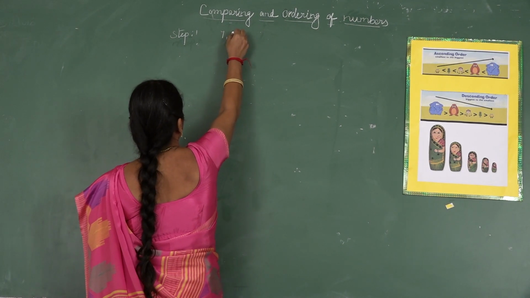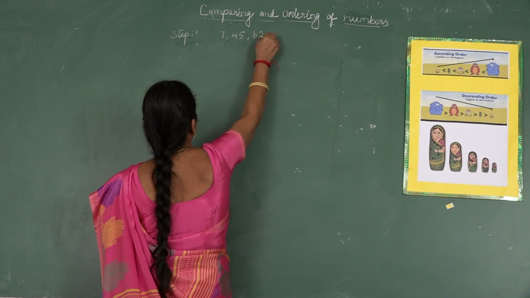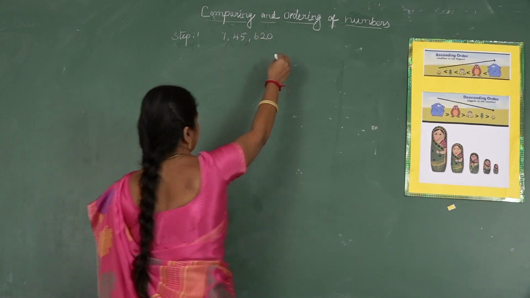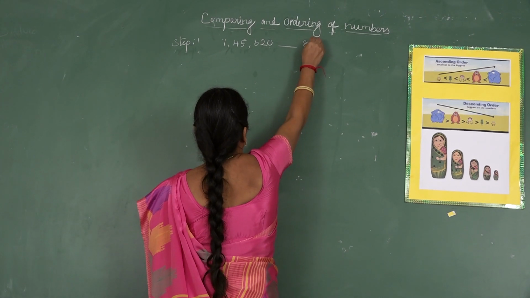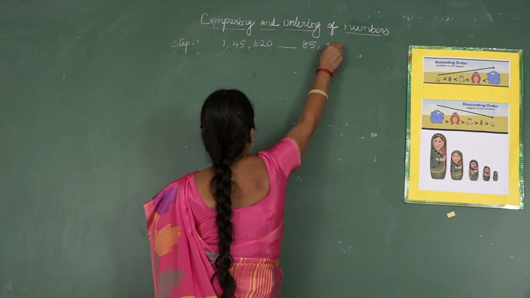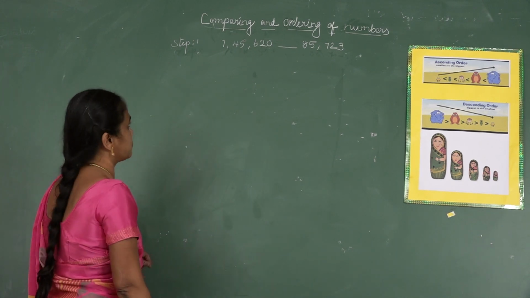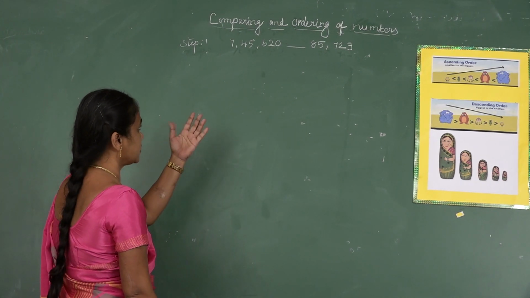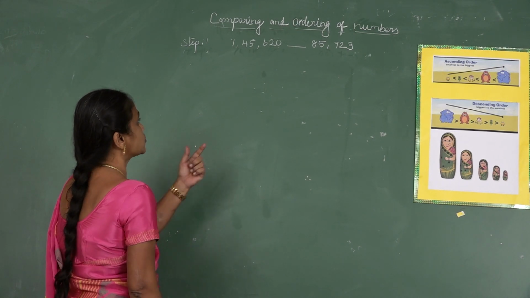Seven lakhs 45,620 and 85,723. Look at these two numbers. Which is greater, which is smaller? How do you find which is greater, which is smaller?